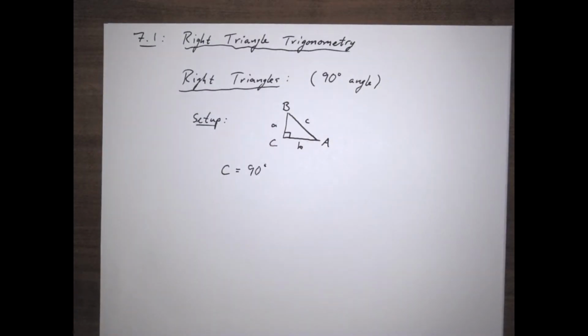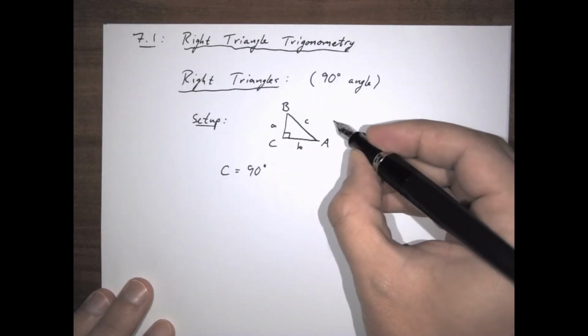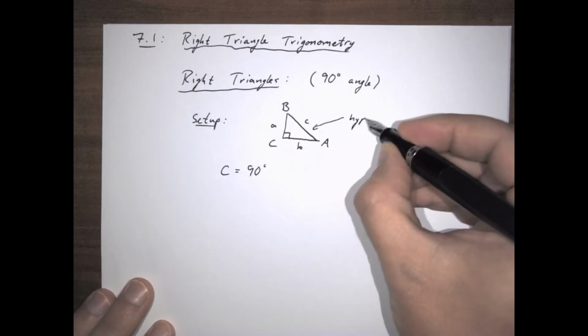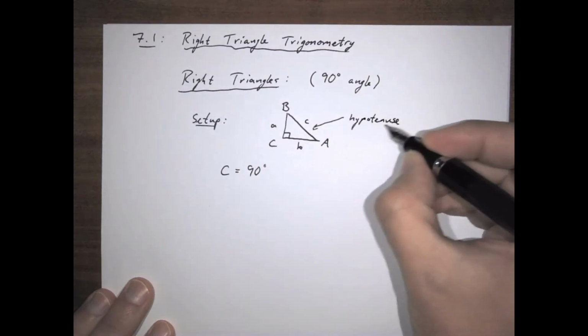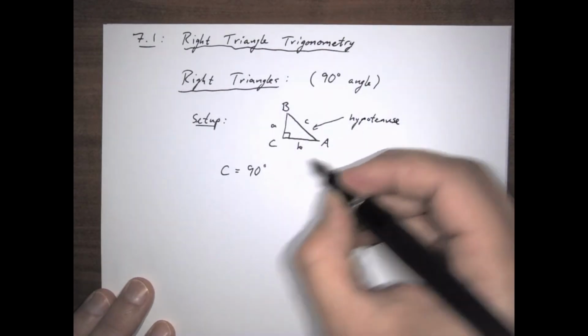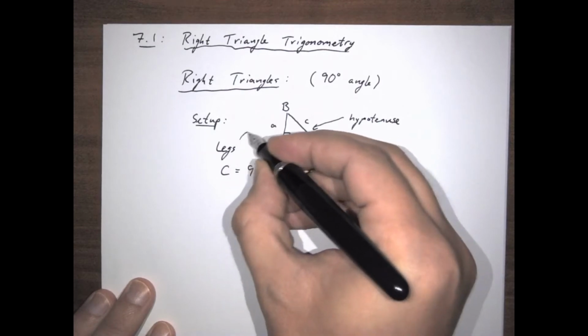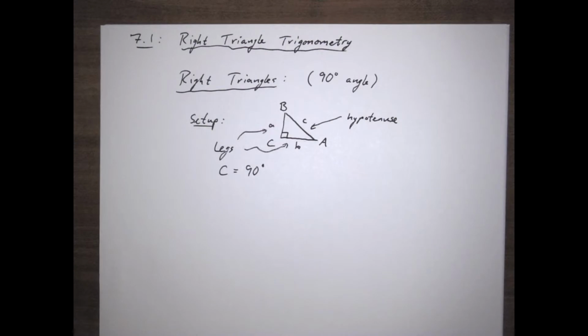Now the names for the various parts of this are the hypotenuse, which is how you spell that, and then these other two are called the legs. So the hypotenuse and then the legs.